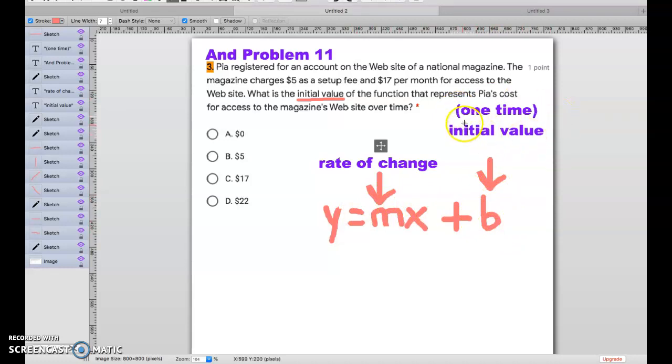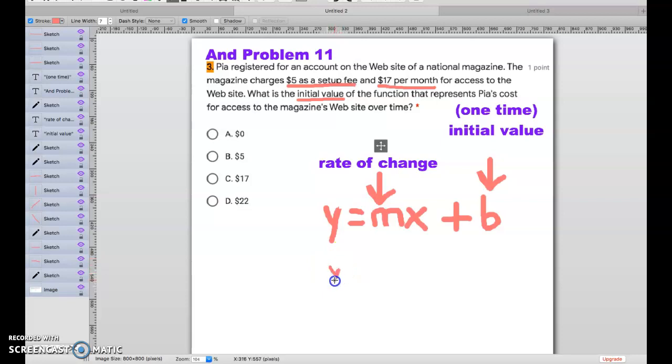You can think of it as a one-time initial value, because it's the amount you pay up front, and you only pay it once. Rate of change is basically saying how the situation changes. It's a number that is telling you how the situation changes. So we've got $5 as a setup fee, basically $5 to get your account started, and $17 per month to keep the account going.